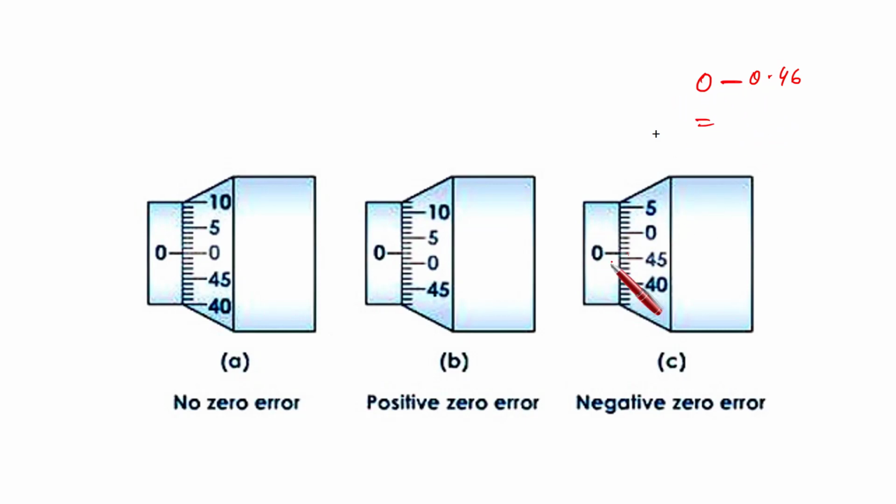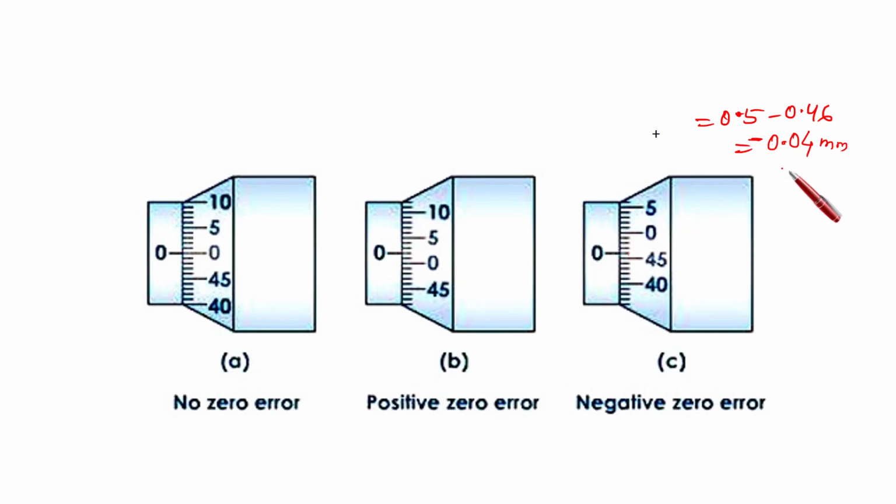okay, sorry. So this is 0.5, the least count is 0.5, isn't it? So it will give you, this will be 0.5 minus 0.46, that is 0.04 mm, and this is actually negative.